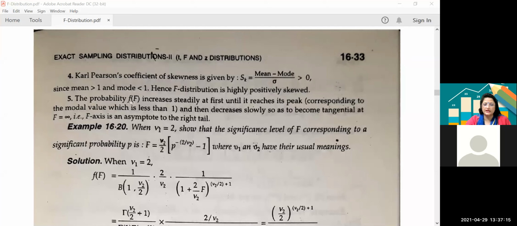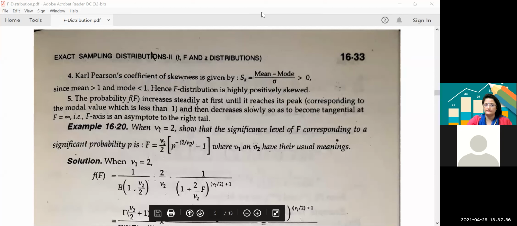The probability of F increases steadily at first until it reaches its peak corresponding to the modal value, which is less than 1, and then decreases slowly so as to become tangential at F equal to infinity. That is, F-axis is an asymptote to the right tail. So what does it mean?